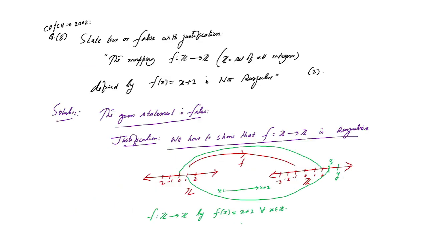So what is exactly given in the question paper? This is not surjective, that means it's a false statement, that is justified.